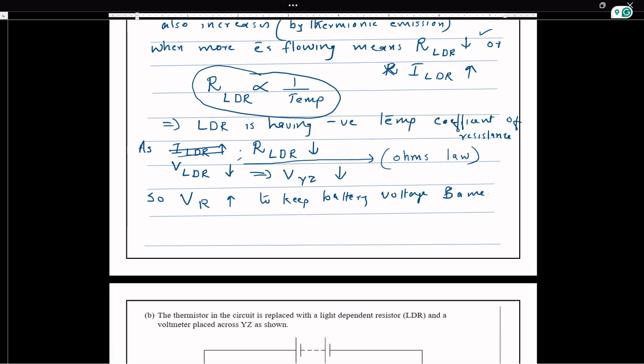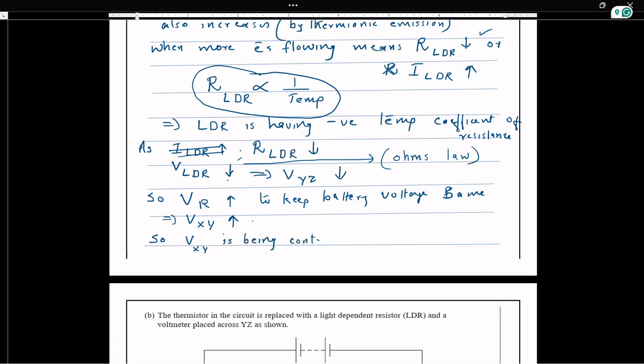So this means this VR, that is VXY, increases. So VXY is being controlled by the thermistor.